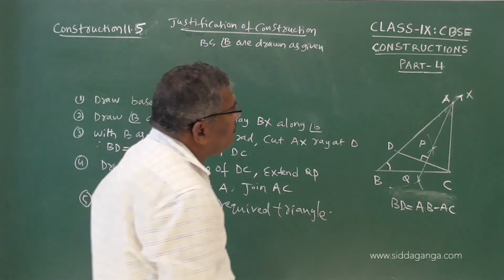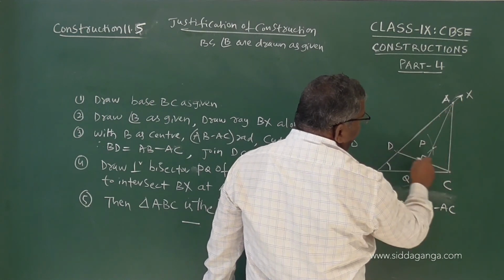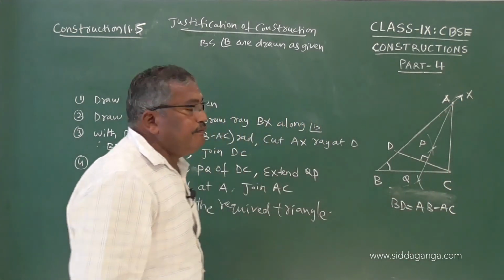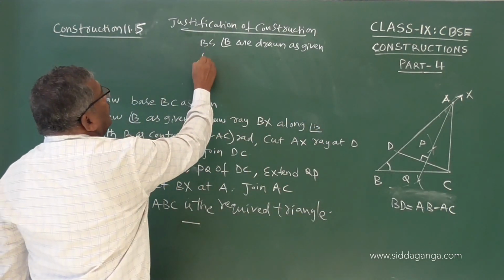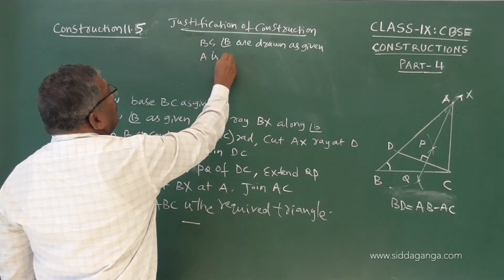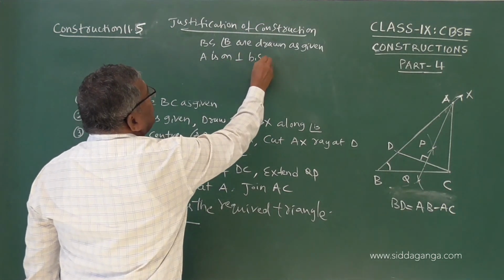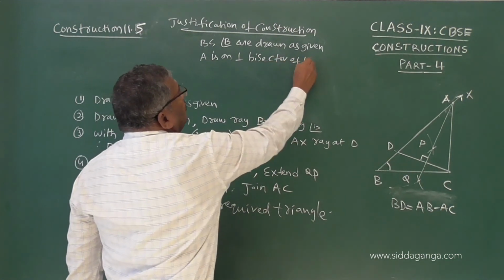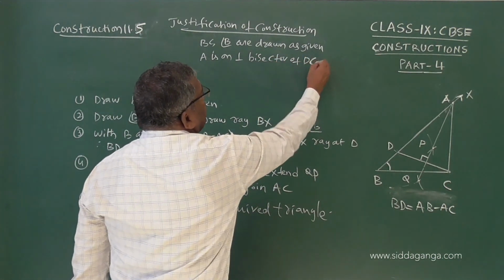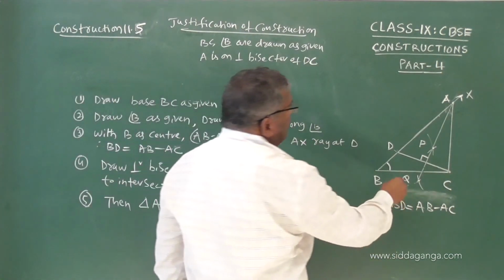You see here, point A is on the perpendicular bisector of DC. So what happens?